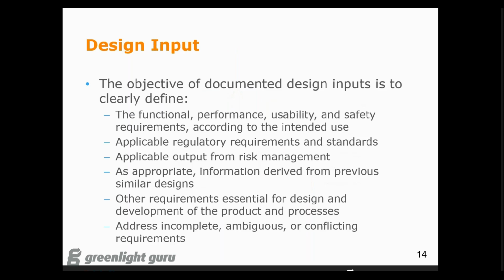So the first element, design inputs. Okay, what's the objective of the design inputs? It's to provide all of the input requirements from your functional performance, your risk management inputs, your regulatory requirements, all of these parts to fully define the product.